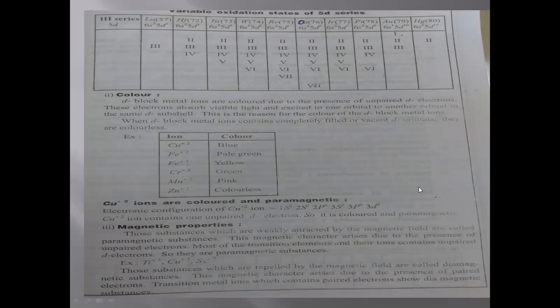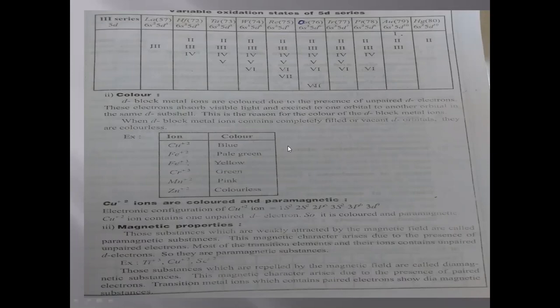When d block metal ions contain completely filled or vacant d orbitals, they are colorless. Example, Cu plus 1. In Cu plus 1, I mean copper in plus 1 oxidation state, there is no unpaired electron. Because of that, copper plus 1 state cannot exhibit any color.